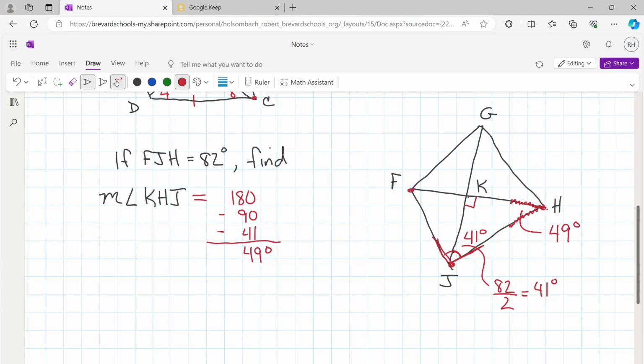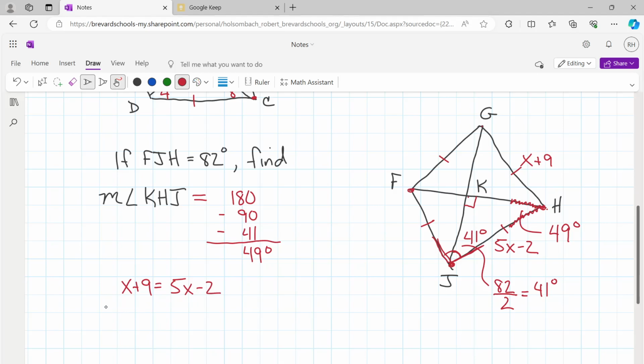Second part of this question says if GH is x plus 9, all right, so G to H, x plus 9. J to H is 5x minus 2. Find x. So if we have to find the value of x, well, the other thing we know about a rhombus is that all the sides are congruent. So if all the sides are congruent, then our x plus 9 is equal to 5x minus 2.